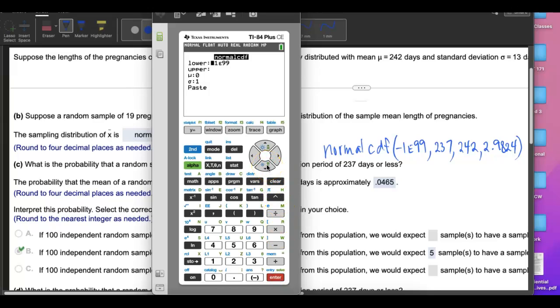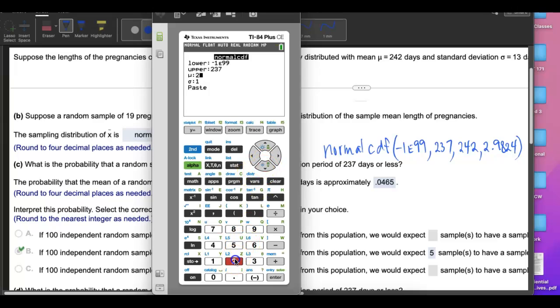Usually by default, this is going to be your lower value anyway, but if you had to type it in, I want to show you where you can find those keys. So here, of course, negative 1, but the E is above the comma in blue. So it'd be second and comma to access that E. 99, and then come down to upper, and you want to use 237.